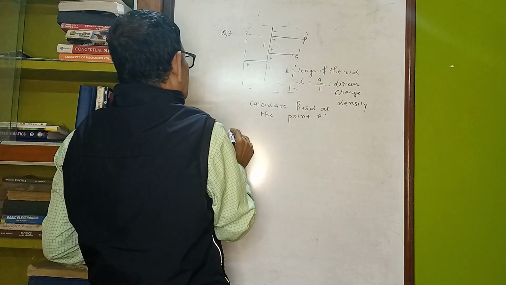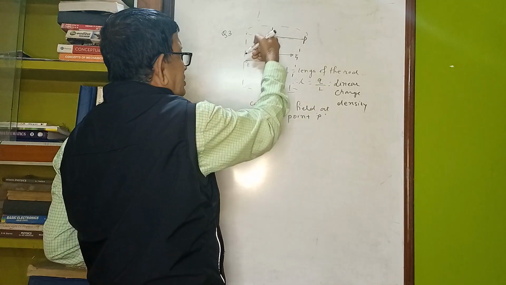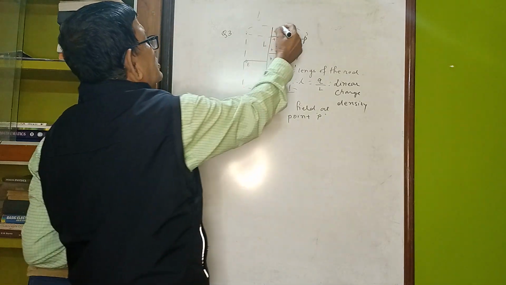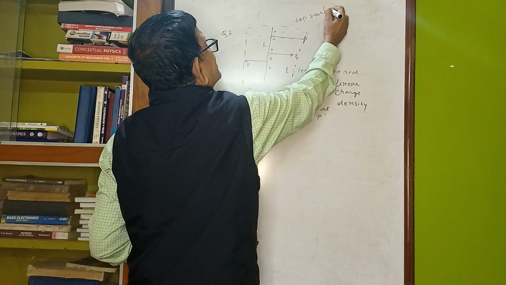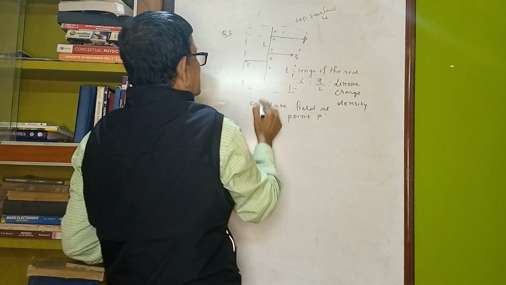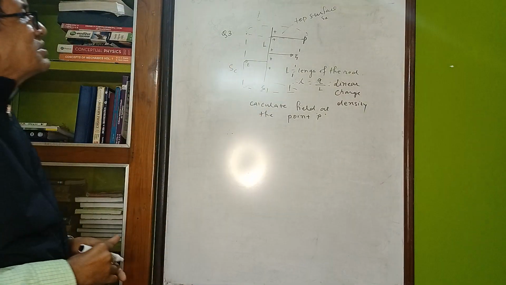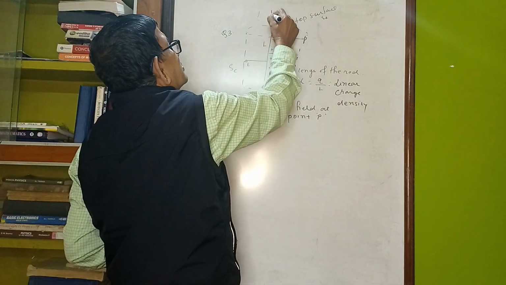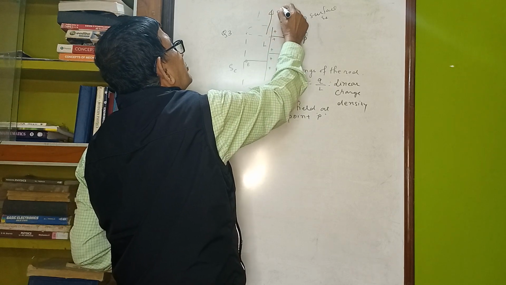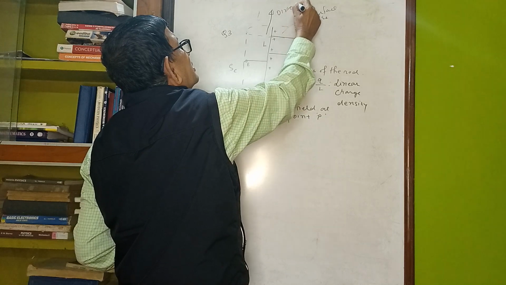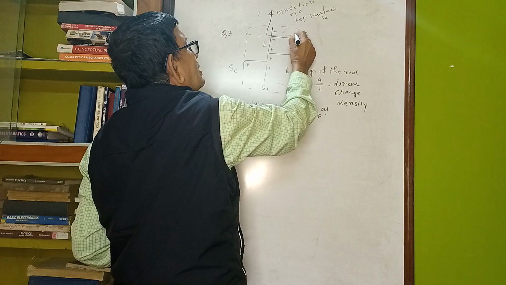So now we consider 3 surfaces: the curved surface, the top surface S2, and the bottom surface S1. Now it is clear that for the top surface, that is the direction of area, and that is the electric field.